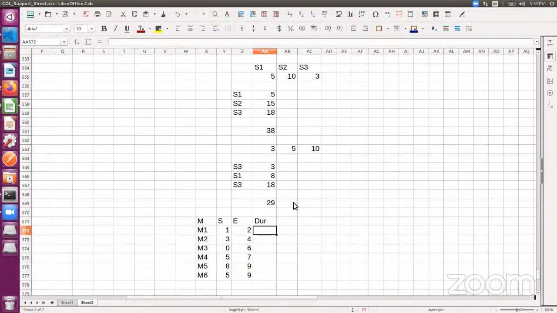So duration 1 1 6 2 1 4. Okay, so if you sort it in ascending order, you have match 1, match 2, match 5, match 4, match 6, and match 3.